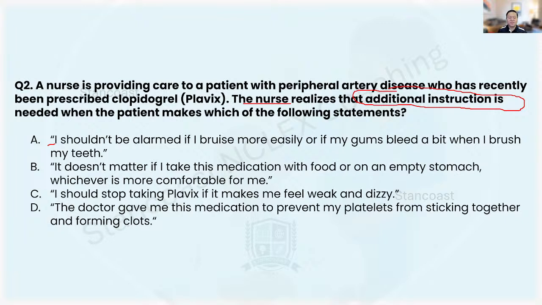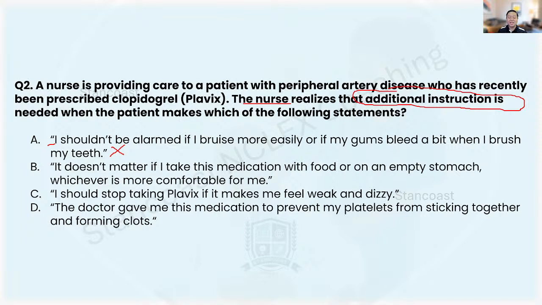They will have gum bleeding, okay, due to the blood thinning effects of the medication. So we are not going to select this one. This is wrong, okay? It said here, additional teaching is needed, okay? So we are going to eliminate that one, okay? It is an expected side effect of the medication.